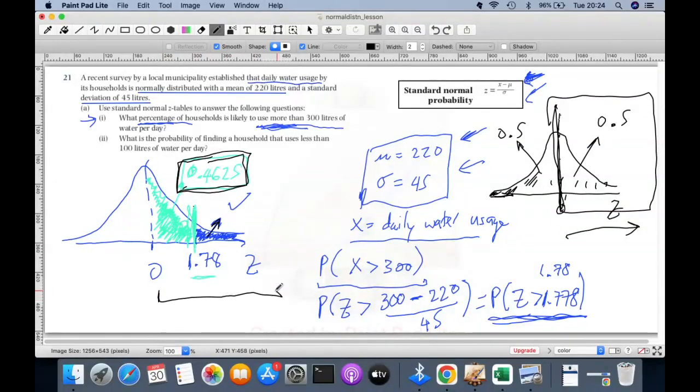Remember what I said, everything to the right of this is 0.5 area. If you've taken up 0.4625, then the remaining area is 0.5 minus this. It's 0.5 minus 0.4625.